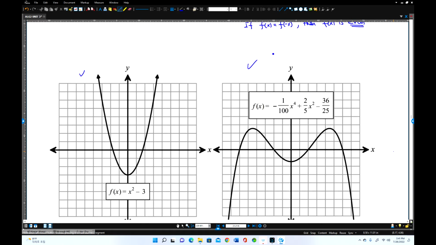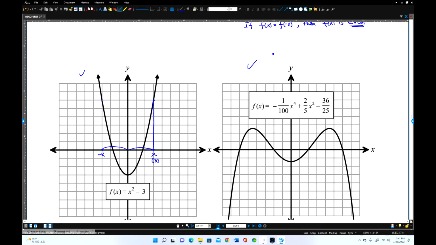I'm going to take this graph as an example. I'm going to choose 3 to the right and 3 to the left, on the opposite side. This is x, any random x, and this is negative x, the same distance but with a negative sign. Using this 3 and negative 3, find out the height.